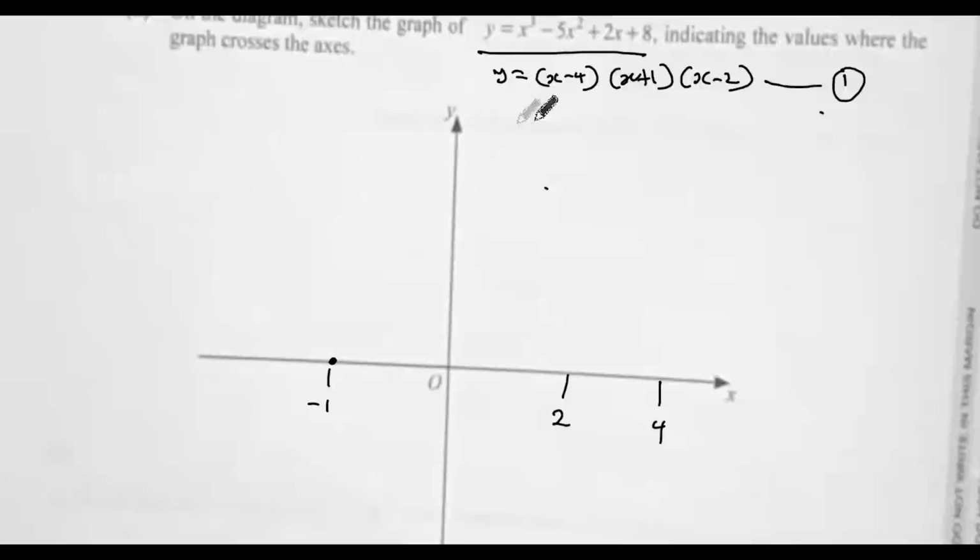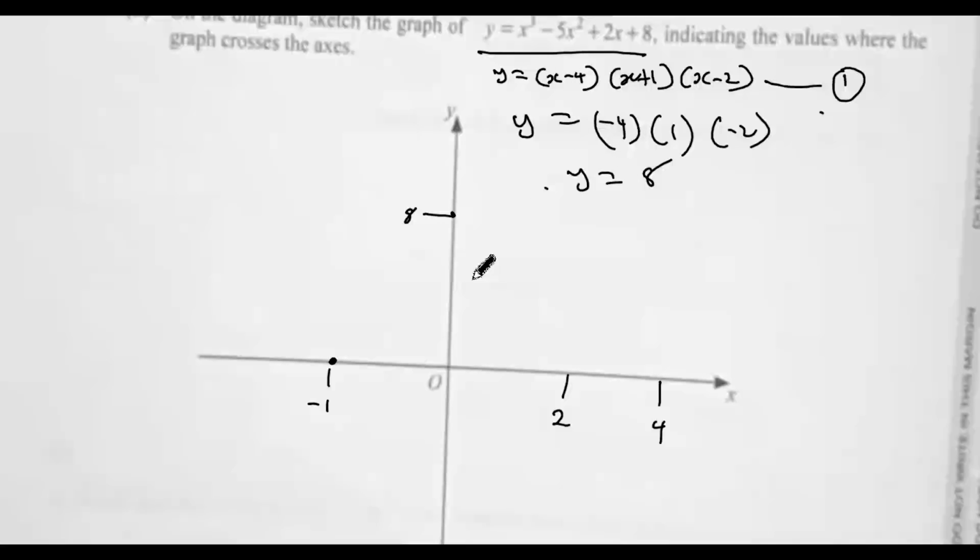So y will be equal to 8. So the intercept on the y axis is 8. I can illustrate it somewhere here. Let this place be 8, so I'll put the value there.